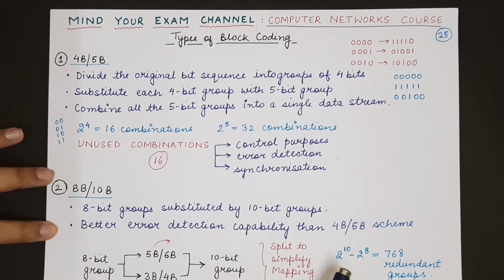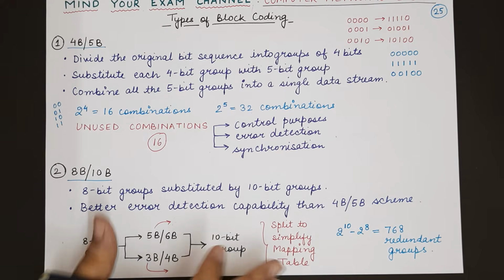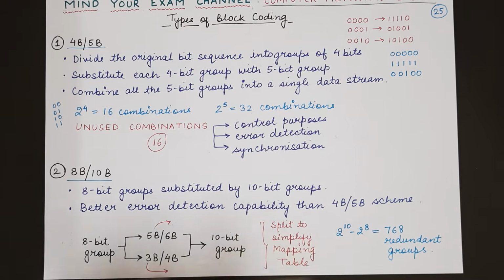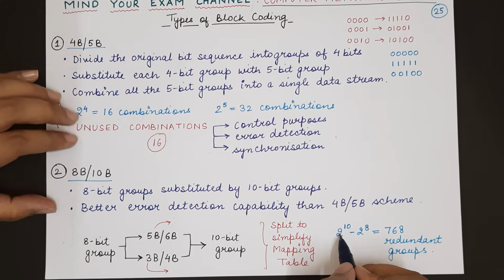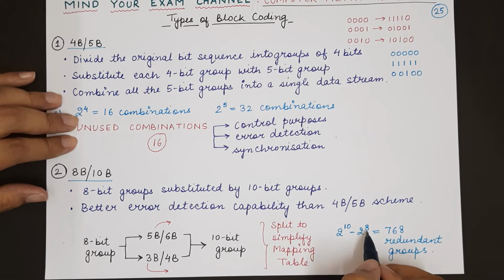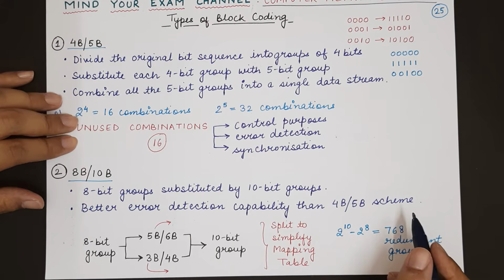See, originally there were 8 bits. So how many combinations were present? 2 raised to power 8. Now we have replaced each group of 8 bits with 10 bits. So how many new combinations are possible? 2 raised to power 10. So unused combinations or redundant groups would be 2 raised to the power 10 minus 2 raised to the power 8. 2 raised to power 10 is the total number of combinations possible, and 2 raised to power 8 are the combinations that will actually be used to represent data.